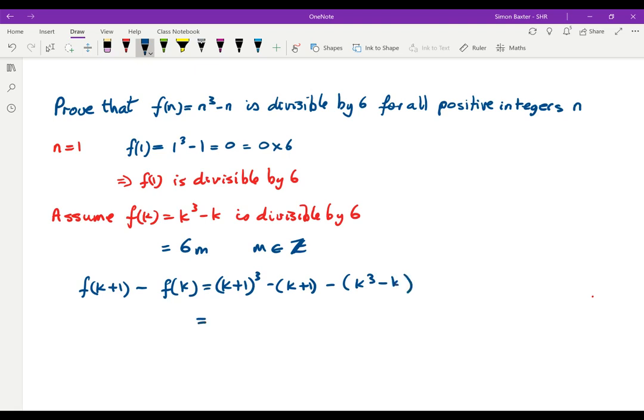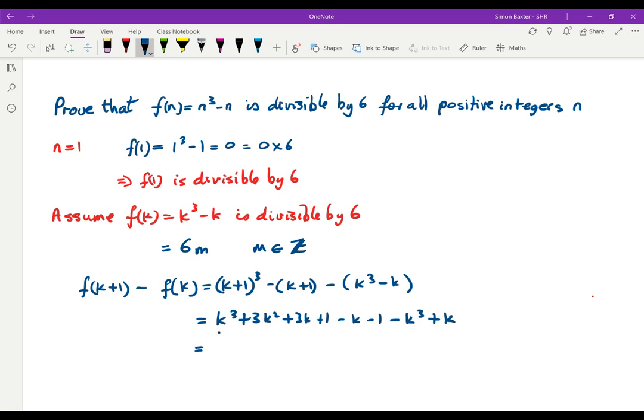Well, I hope we're all good at working out a cube by now. Pascal's triangle, k cubed plus 3k squared plus 3k plus 1. Clear the brackets, minus k minus 1, minus k cubed minus minus gives us plus k. What happens here?